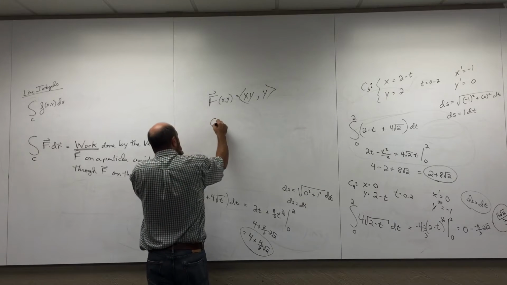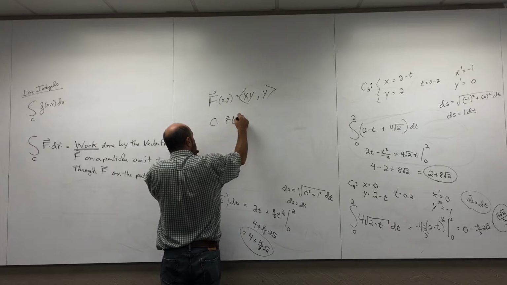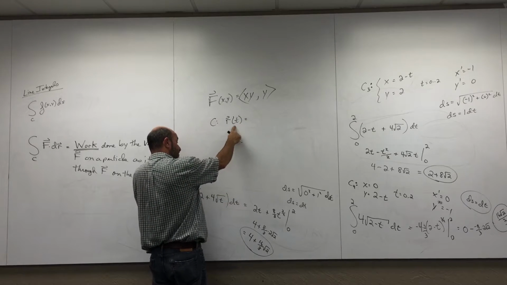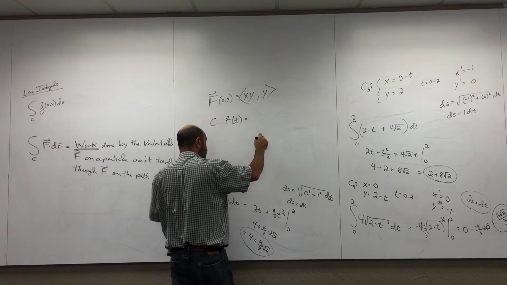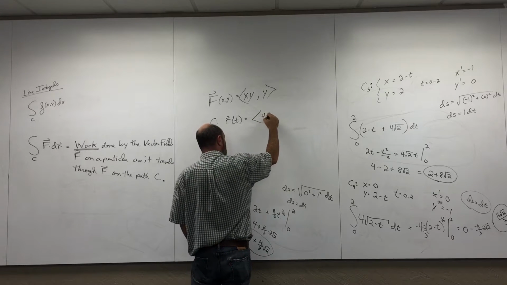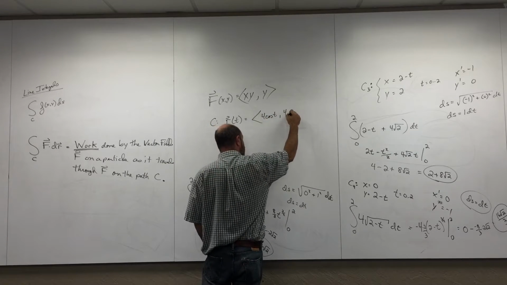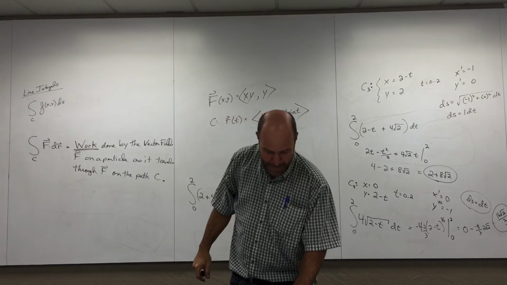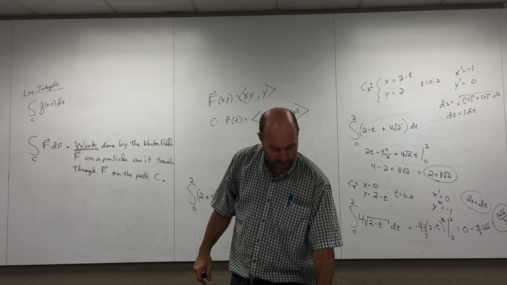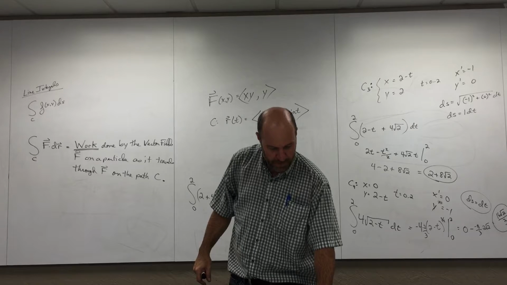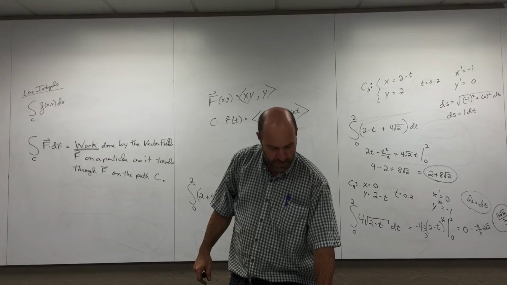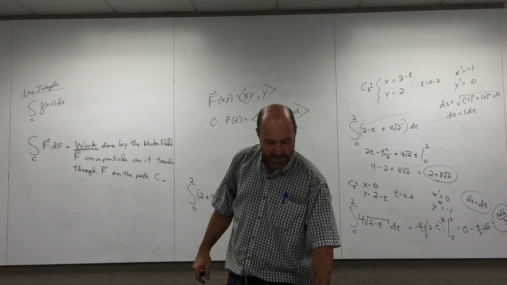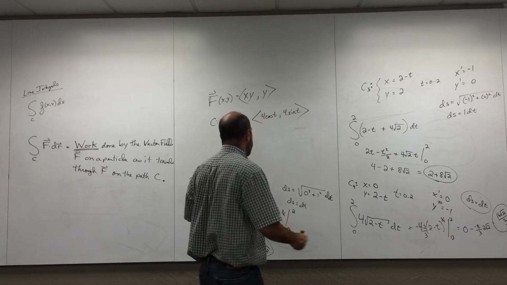The curve is r of t. Now a different way of parameterizing is using this vector valued function. r of t is 4 cos t, comma 4 sine t. I just grabbed this problem out of the book. This happens to be number 28. And then they say t goes from 0 to pi over 2.